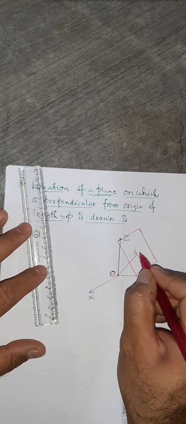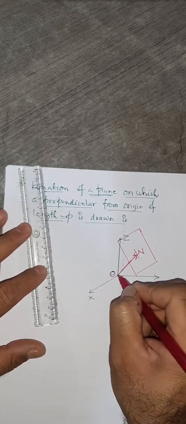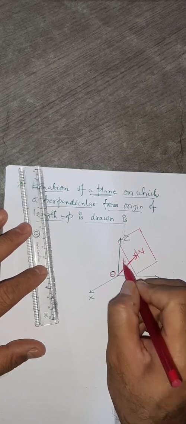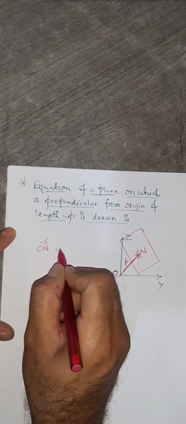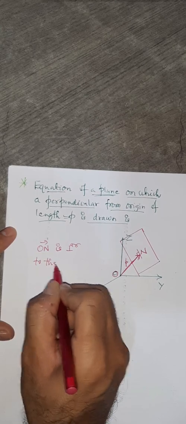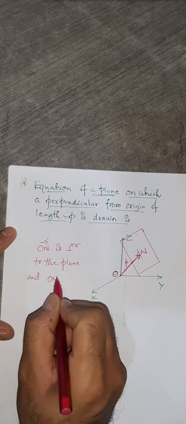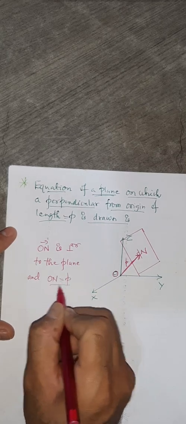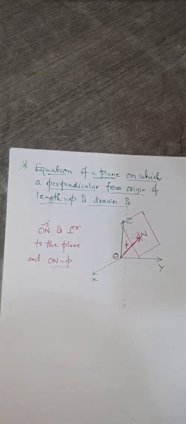Say ON, this is vector ON, and the length of ON equals, as you are given, small p. So vector ON is perpendicular to the plane. What's the length of the perpendicular? That's small p. So ON equals small p here. This is your given. Now we want the equation of such a plane.